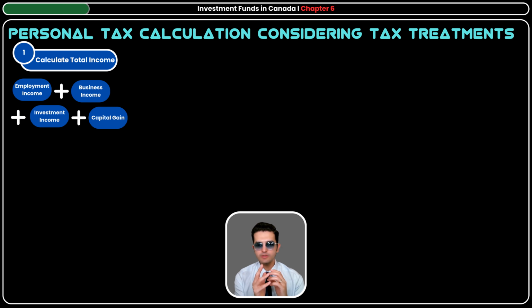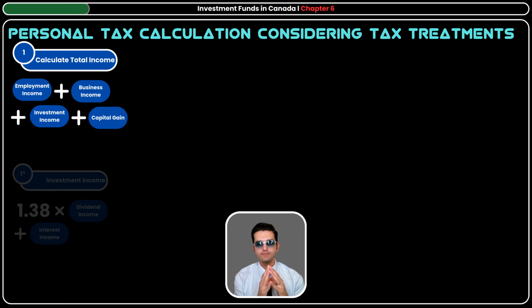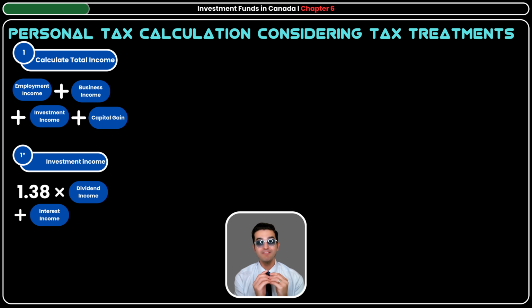But we need to consider 2 points when calculating total income. Point number 1, when we calculate investment income, there are 2 types of investment income: dividends and interest income. You get dividends when you invest in preferred shares, and you get interest income when you trade or invest in bonds or debentures.